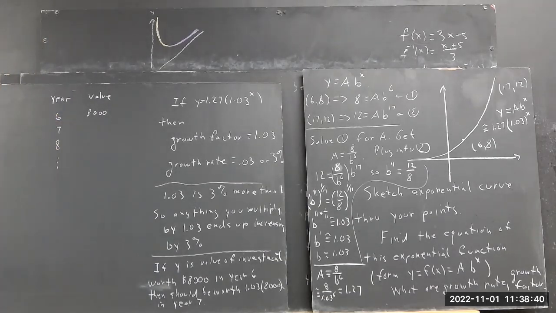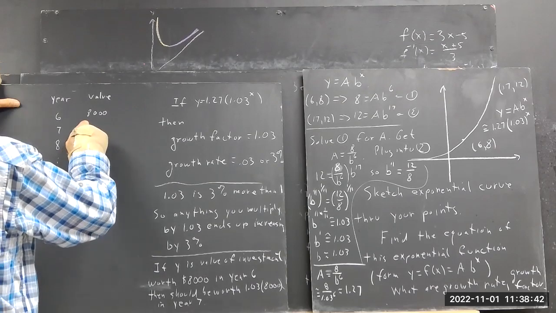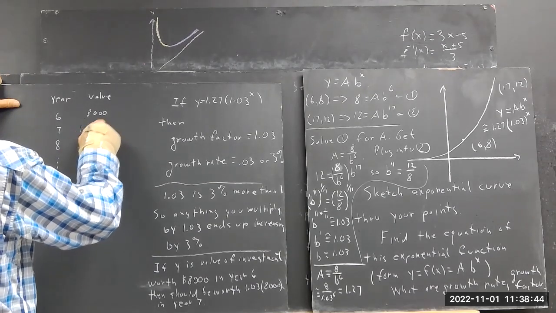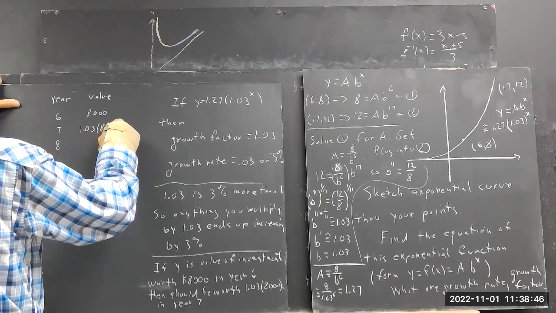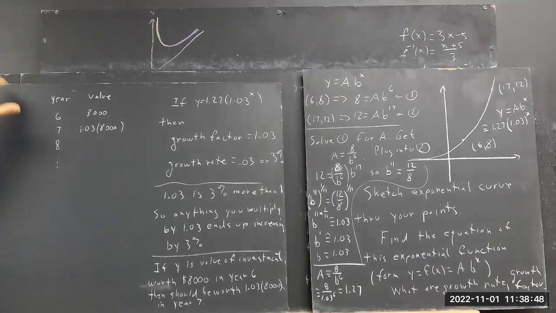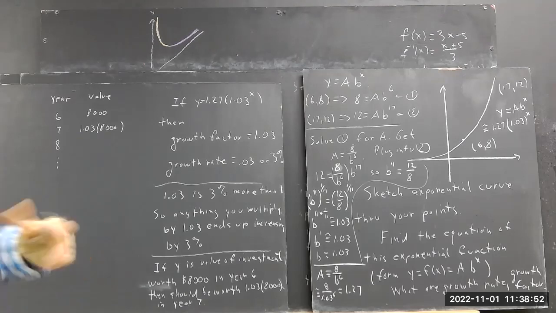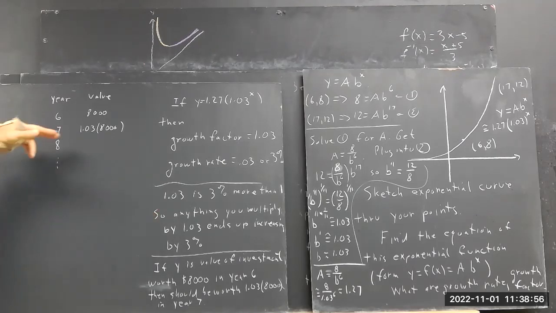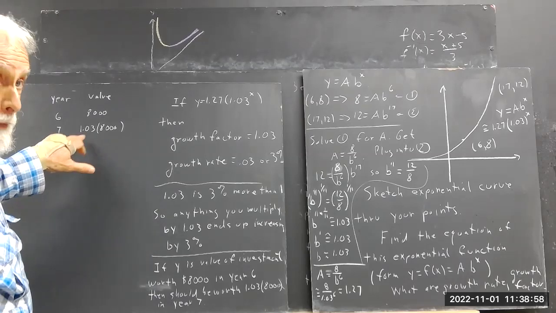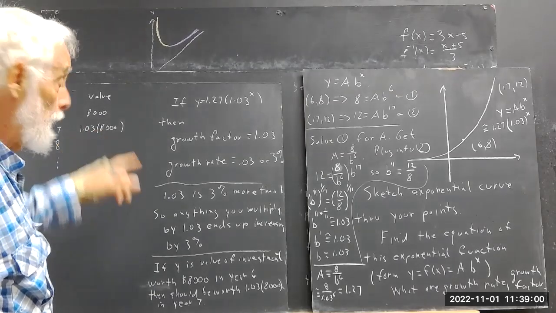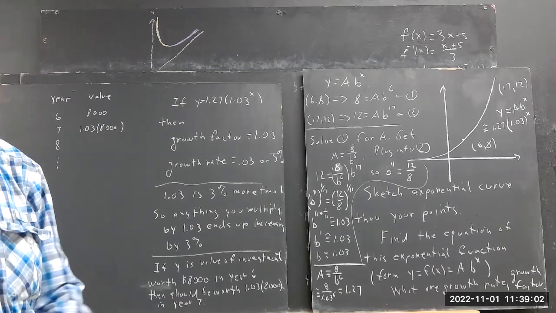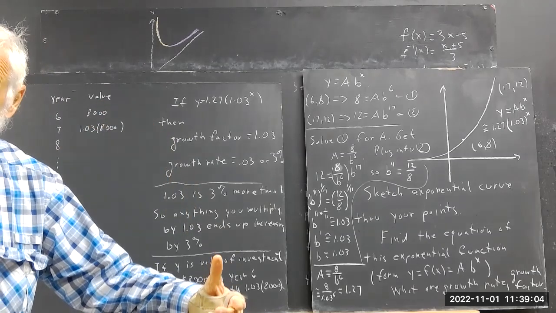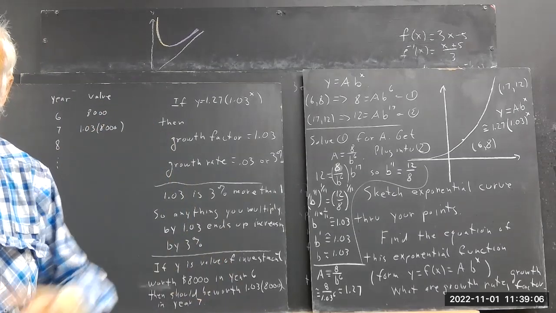In year 7, you multiply that by 1.03 times 8,000. It'd be $8,240, but we're not worried about the numbers right now. We're worried about what's happening with this growth factor. This is your growth factor. It's what you multiply your value by to get your value 1 unit of time later. In this case, 1 year later.